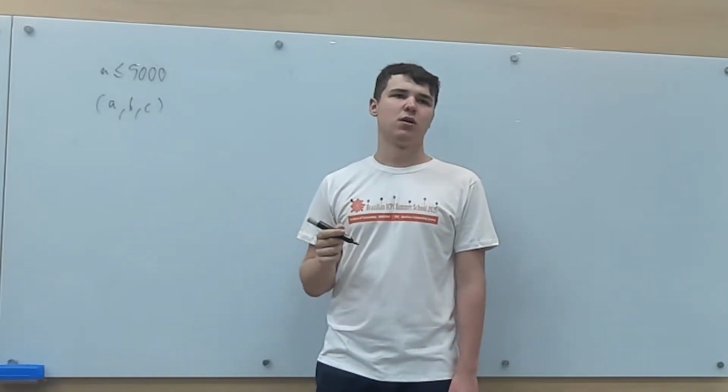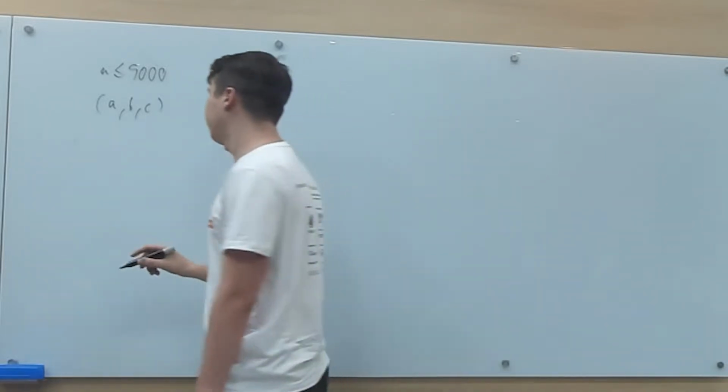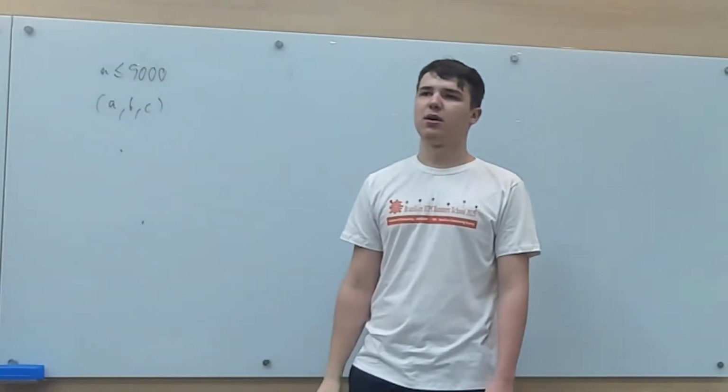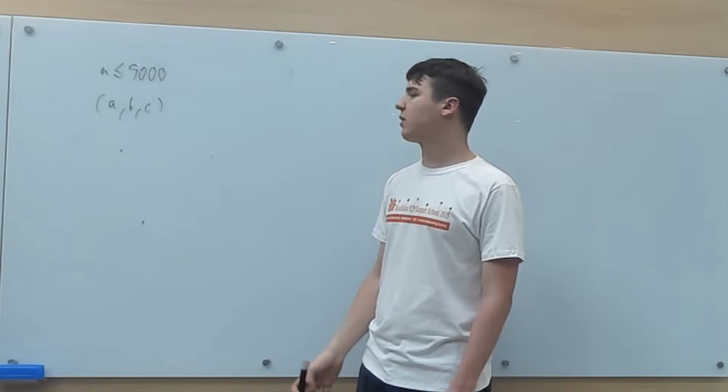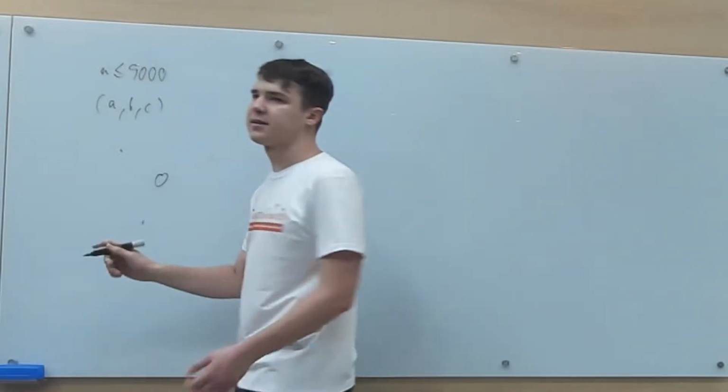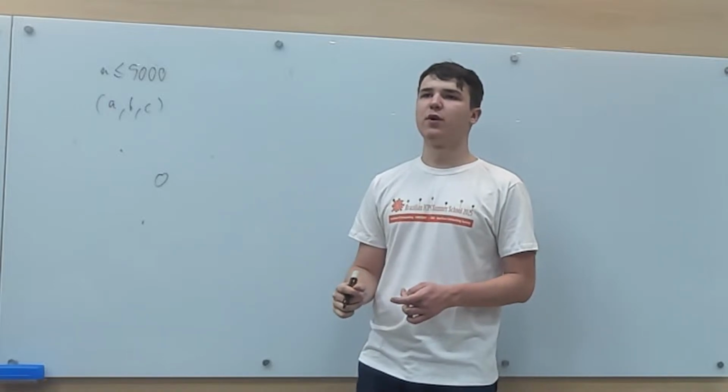Okay, so when we have three vertices somewhere on a tree, and we want those distances to be equal, there must be a single meeting point, a single intersection point of all those three paths.